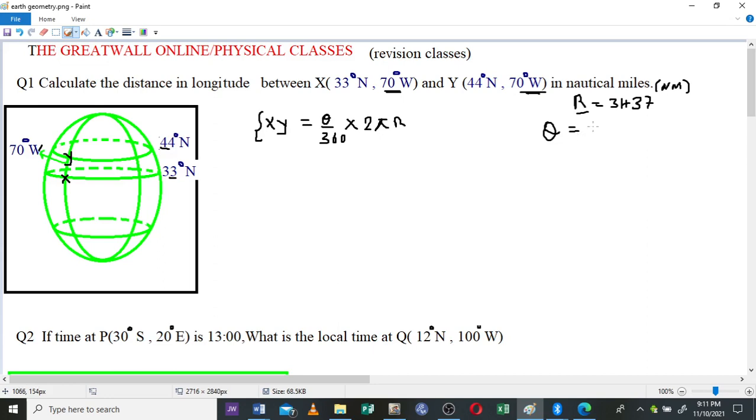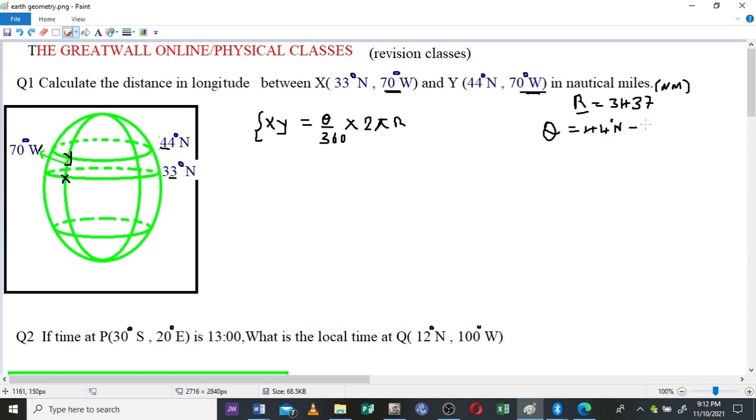Alright? So what will be the value of our theta? We have to find the difference in latitudes. So we have latitude 1, which is 44 degrees north, and we are subtracting, because these two latitudes are both in the north, right?